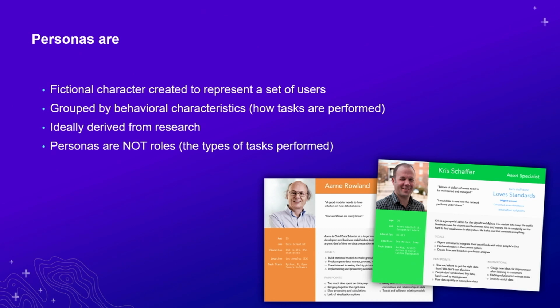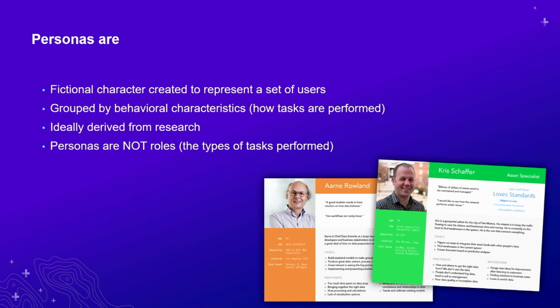And then we come up with fictional characters represented as personas, where we highlight what the goals of those personas are, what their pain points are, what their motivations are, and we use those to drive our design decisions.